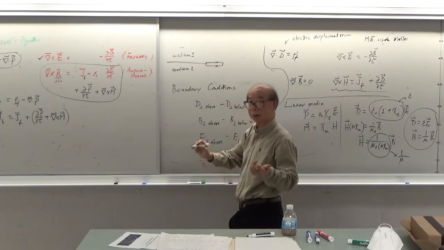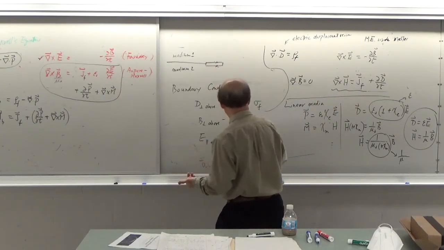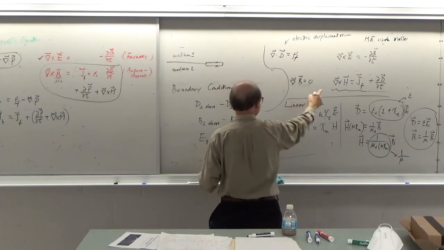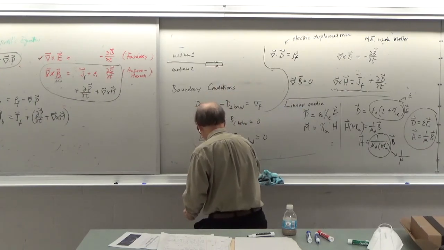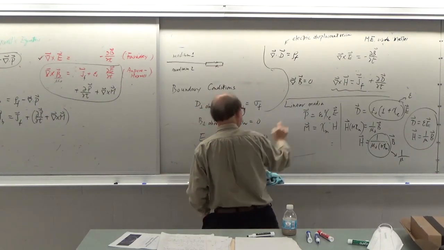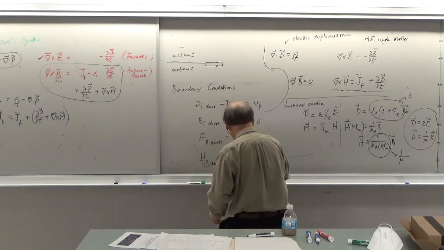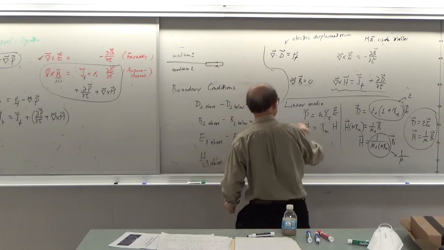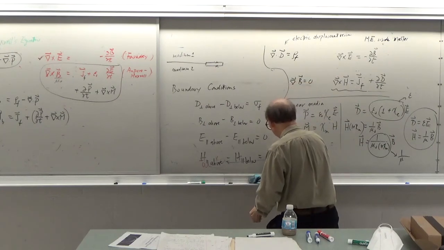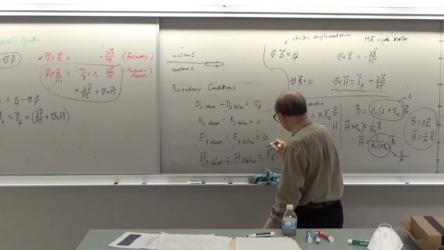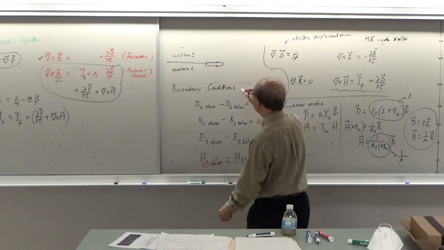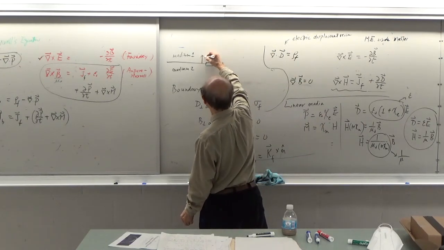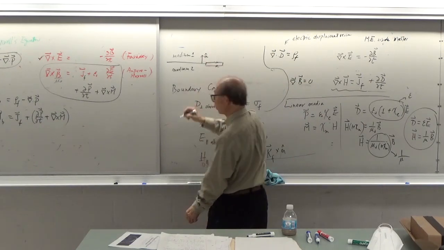And you have to take a look at how things are done for the static case. And you'll find out that H parallel above, relative to H parallel below, is equal to, in fact, the free surface current density cross N, N being the normal to the surface.